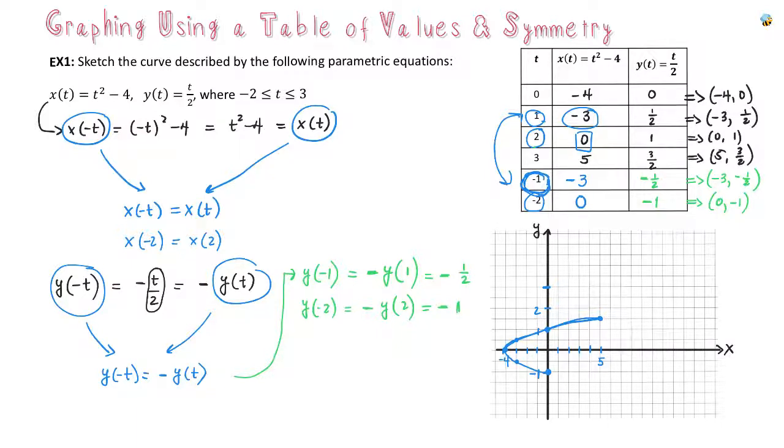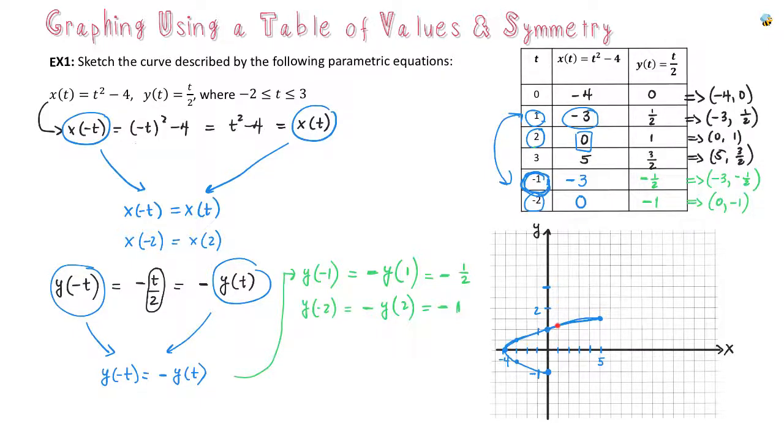So again, look at the x values, they go from -4 to 5 as we expected. And then the y values are going from -1 all the way to 3/2 right here. So these are the y values, and that was again already expected. And we can see the reflection, right?